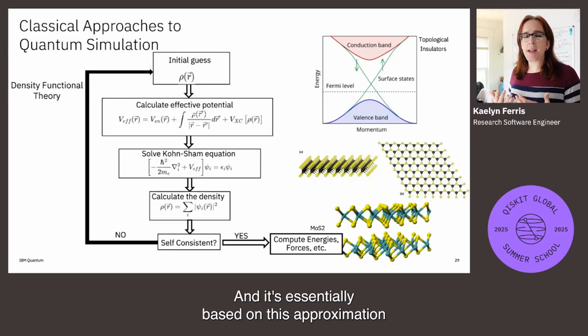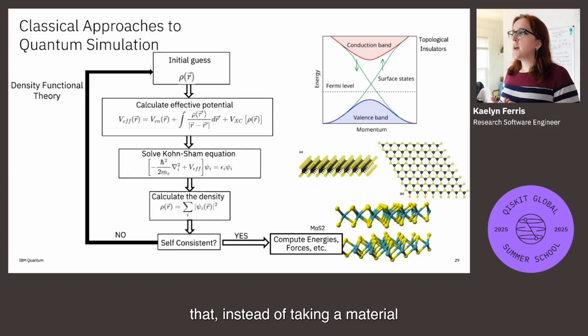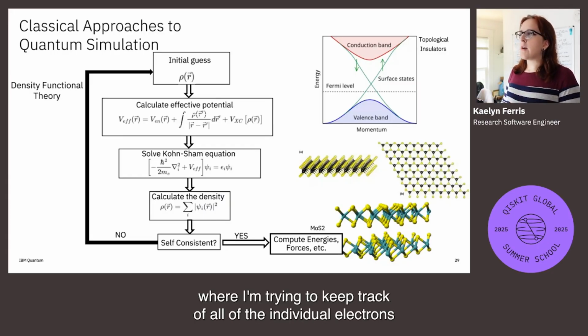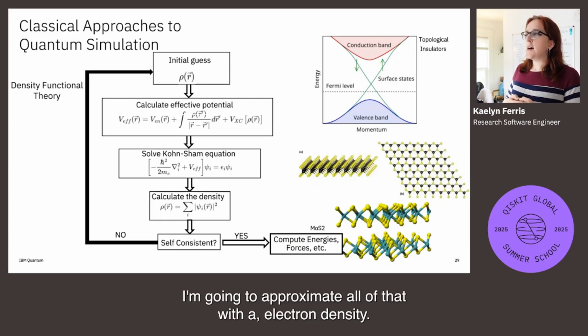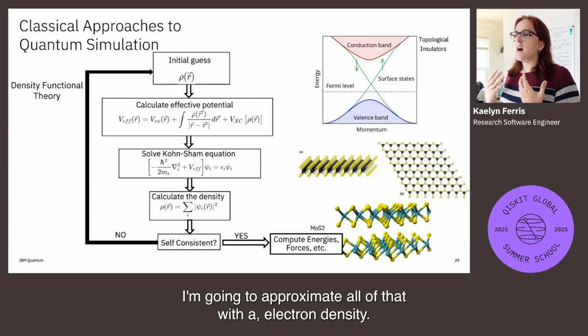And it's essentially based on this approximation that instead of taking a material where I'm trying to keep track of all of the individual electrons in some crystal, what I'm going to do is approximate all of that with an electron density.